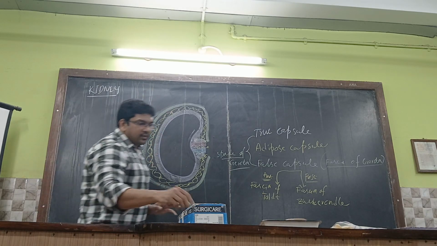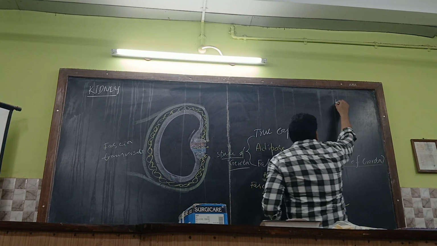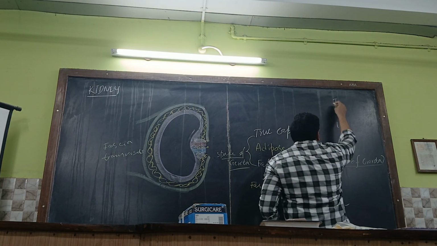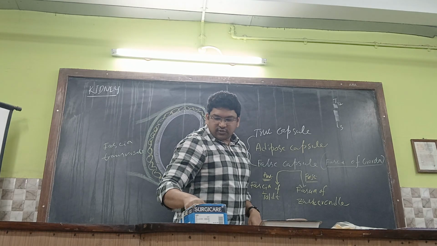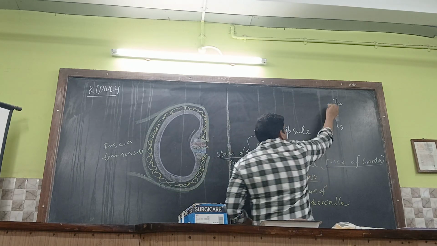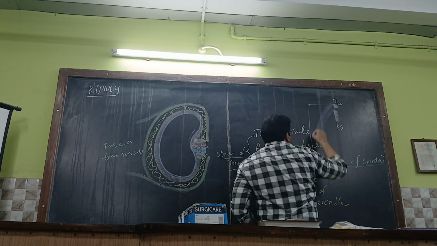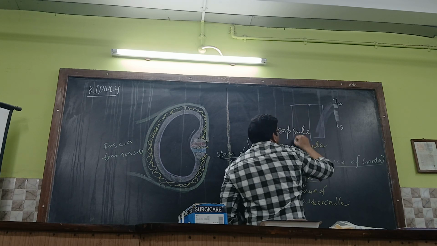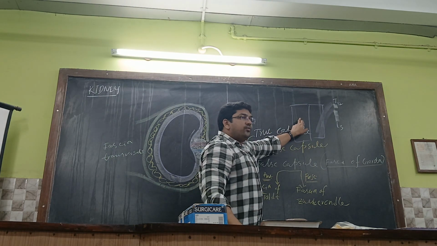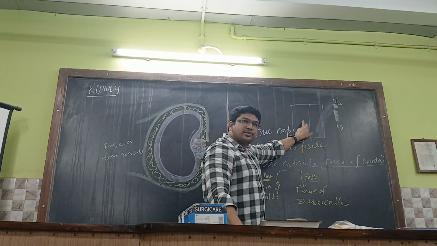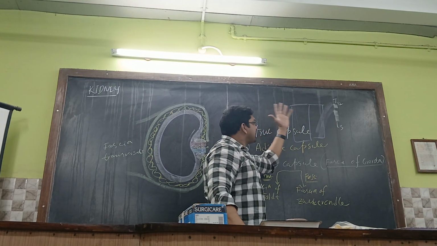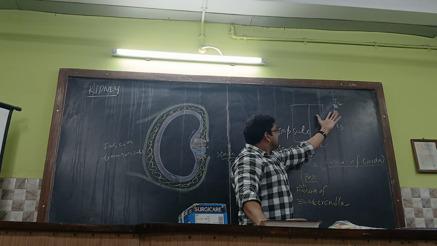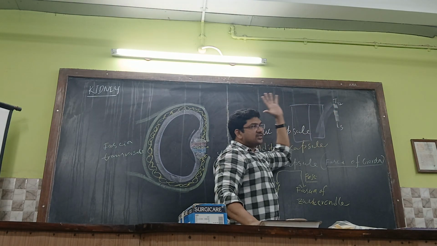From T12 to L3 on either side of the vertebra, there will be psoas major, beside that quadratus lumborum, and even further the transversus abdominis. In front of all these is the fascia transversalis. So behind the kidneys and in front of these muscles is the fascia transversalis.